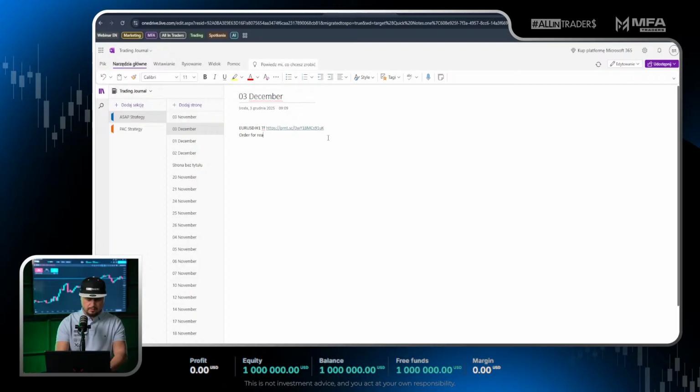Order for reaction is set at the target for 10 pips with risk to reward 1 to 1.